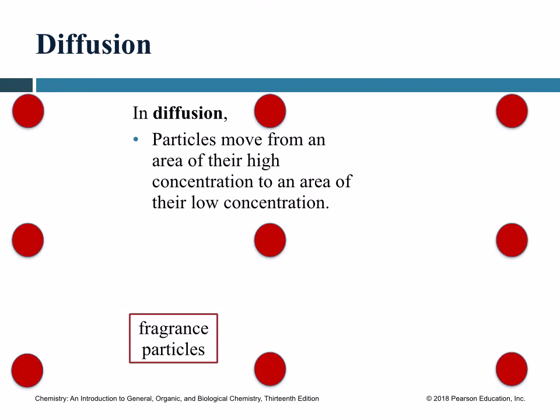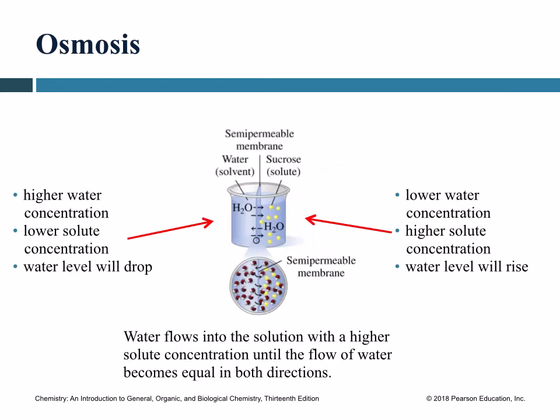Unfortunately, less pleasant gases also travel through air by diffusion. Osmosis is a special type of diffusion. It involves the diffusion of water molecules across a membrane that allows small water molecules to pass through, but prevents larger molecules, such as sucrose molecules, from passing through. Such a membrane is called a semi-permeable or partially permeable membrane.